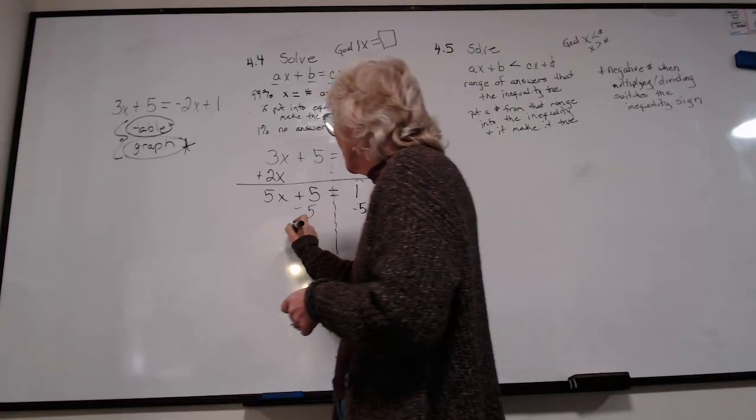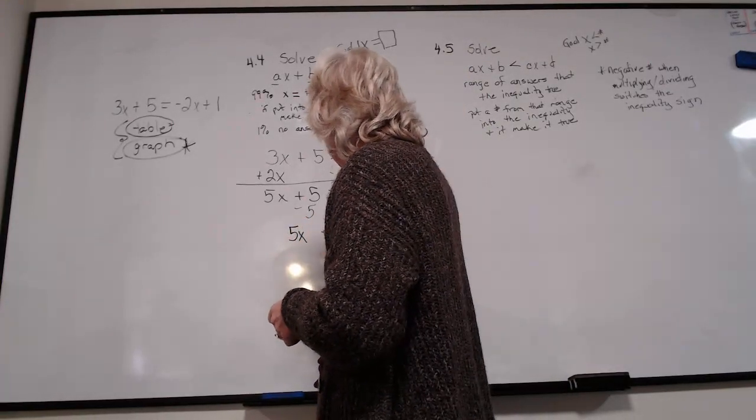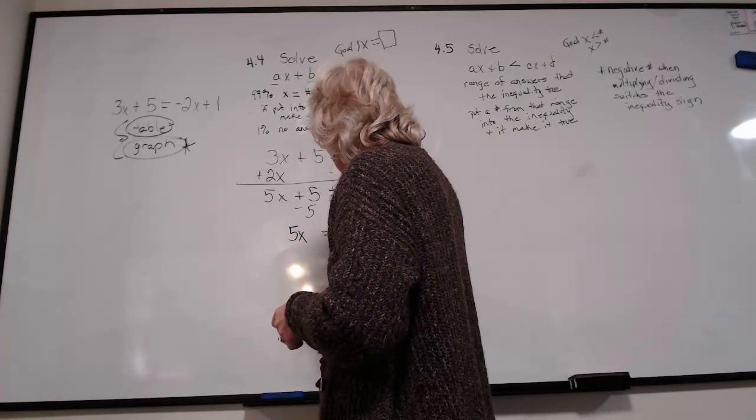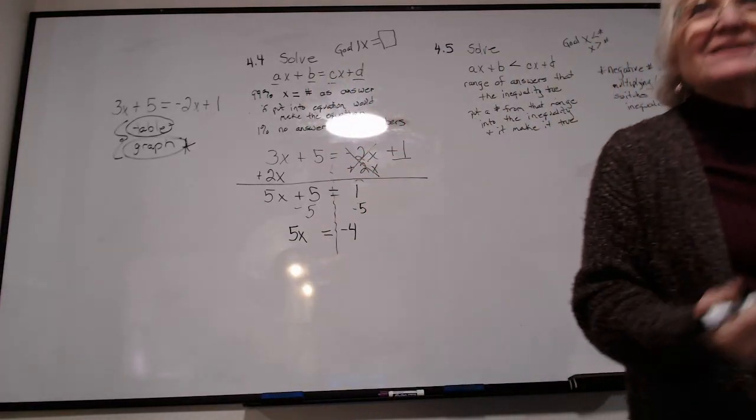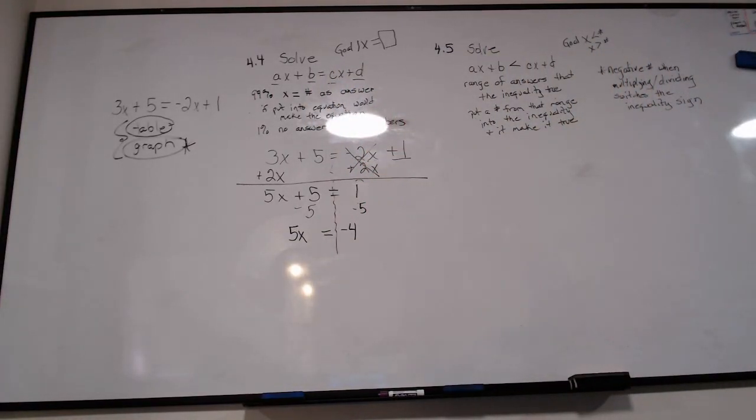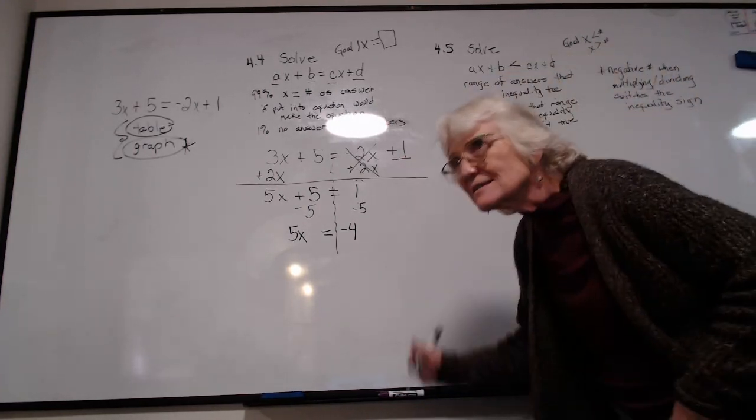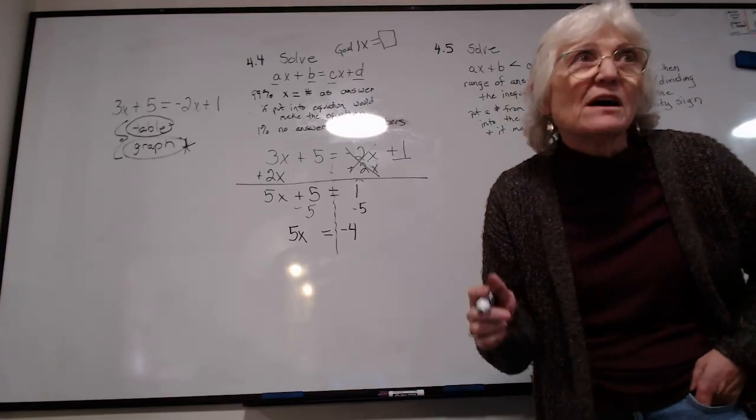So now I get 5x equals -4. This is where you just have to really watch. Make sure you do your addition and subtraction of positive and negative numbers correctly. So now I have 5 times x equals -4. Max, what are we going to do? Divide each side by 5. Yes, we want to get this to 1x. We don't want to cancel 5 out.